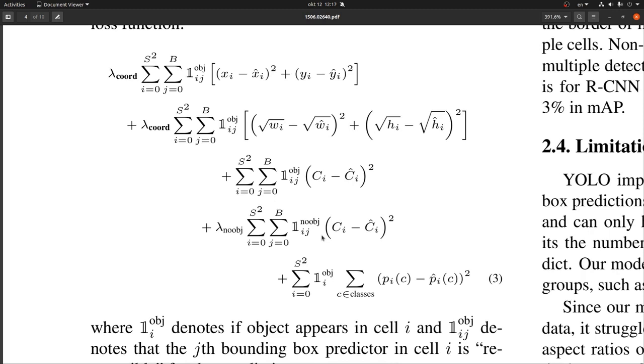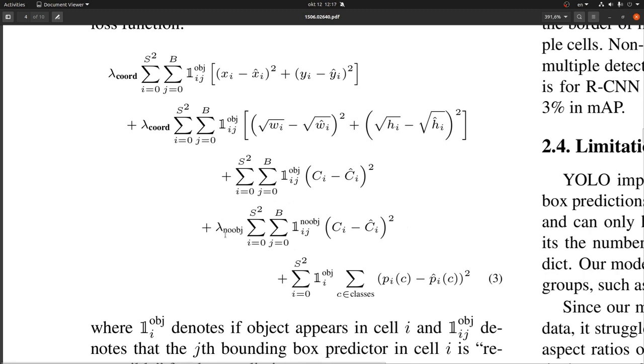Perhaps you can view it as the one with the lowest probability, or rather the highest probability. So you take the worst out of the two, and that's the one responsible. But in my opinion, it makes more sense that if there's no object, we should train both of the bounding boxes to say there's no object here. So that's my interpretation of this, at least.